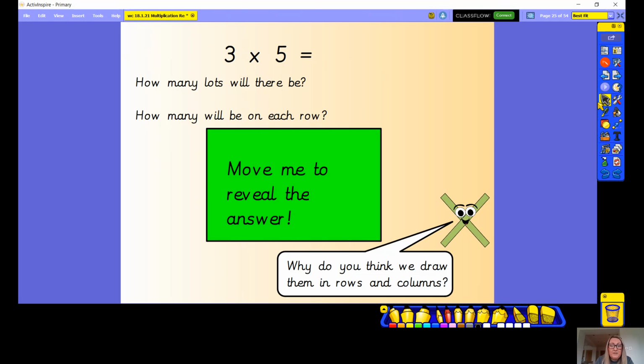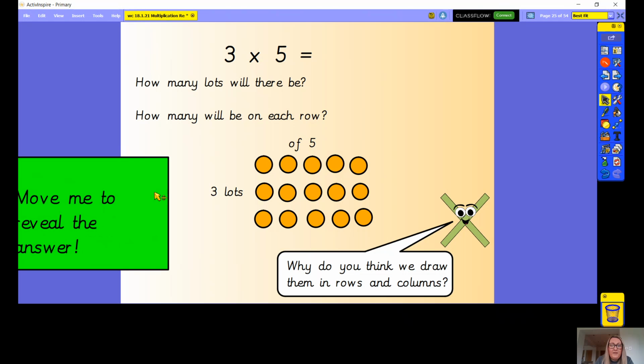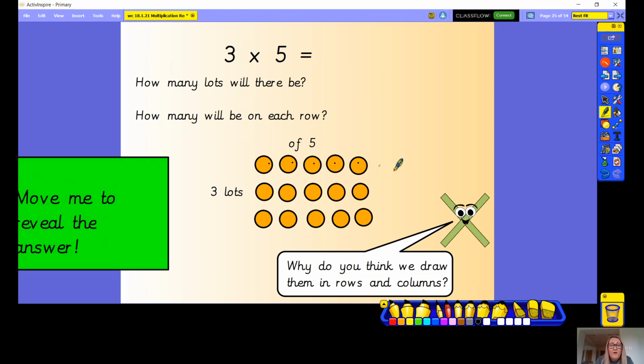Shall we have a look what that looks like? There we go. This is what it looks like. We've got 1, 2, 3, 4, 5 circles on each row. We've got 3 lots of those rows. So 3 lots of 5 circles. And we draw them like this to make sure we can see they're equal and to make sure there's no mistakes made when we're adding them up.